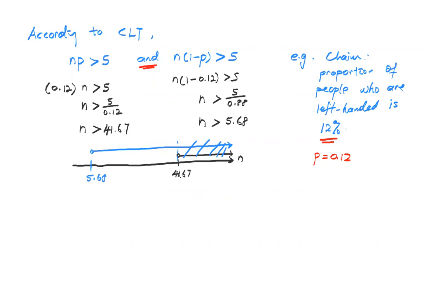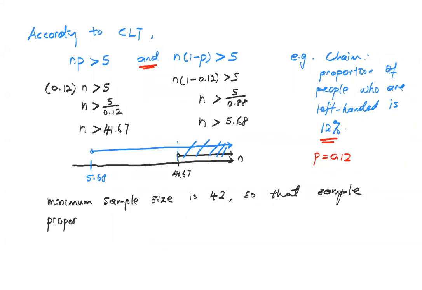So I will write: minimum sample size is 42, so that the sample proportion distribution will be normally distributed.